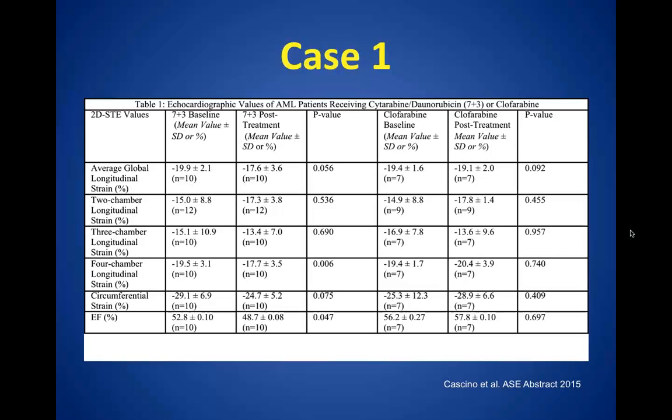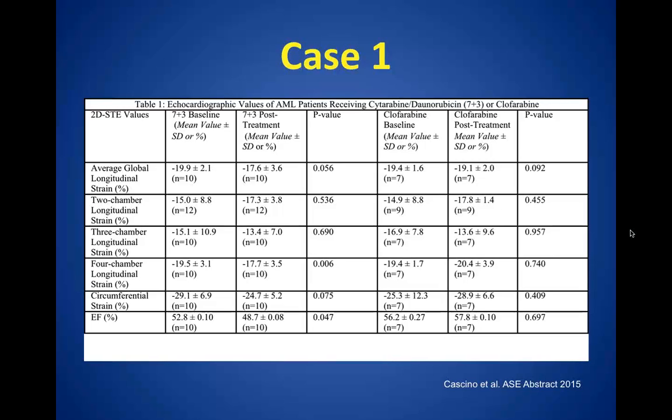They were randomized into this other chemotherapy regimen that did not have an anthracycline within it. And we did find that there were significant changes noted in the 7+3 arm in global longitudinal strain, as well as very significant changes in the 4-chamber longitudinal strain, and as well as decreases in ejection fraction as compared to the other arm that did not have the anthracycline.